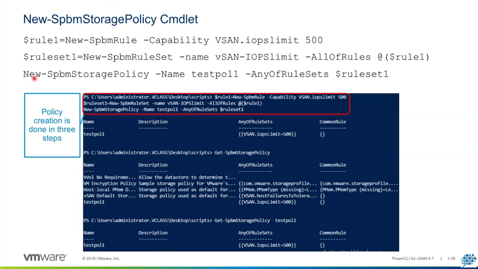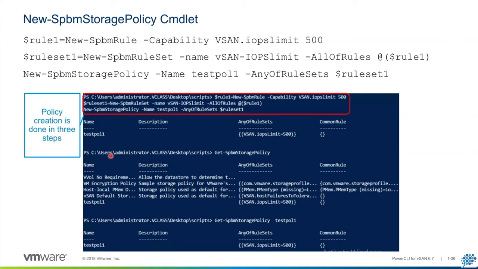I am running the command New-SpbmStoragePolicy. I am naming the policy testpol1, I use AnyOfRuleSets, and I am specifying the rule set. Please remember, the rule set was created in the last command. As you can see, it's a three-step process, and this is mandatory for creating the storage policy.